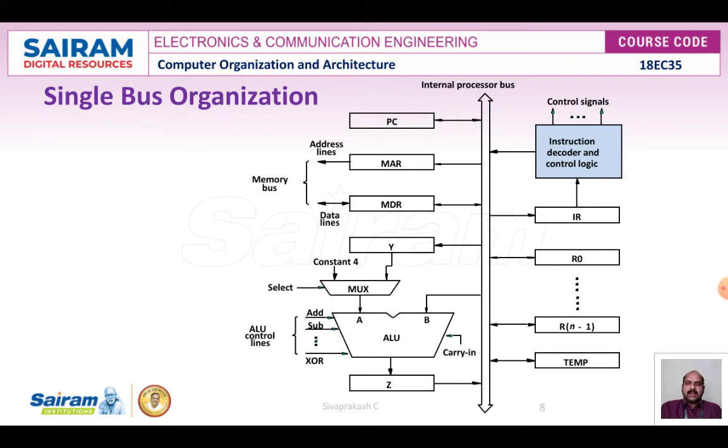Third, fetch the contents of a given memory location and load them into a processor register. And fourth, store a word of data from a processor register into a given memory location. Here the Y, Z and Temp registers are called processor registers, whereas R0 to Rn-1 are called user registers.